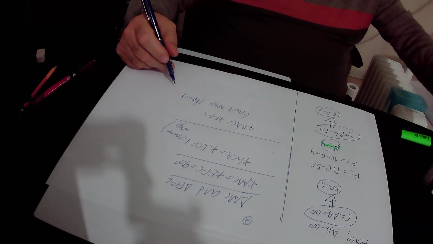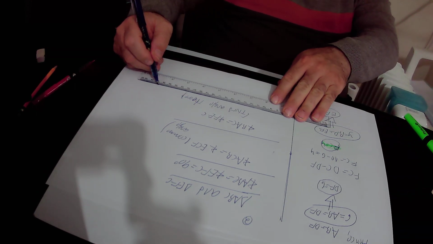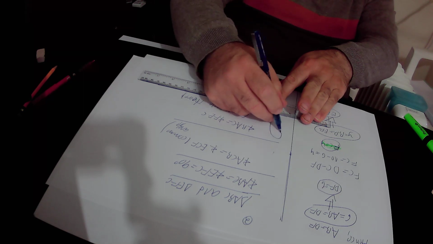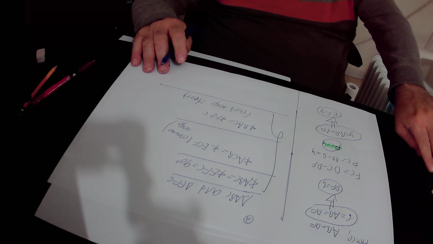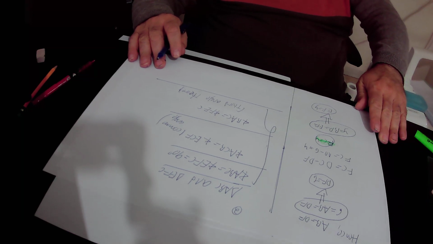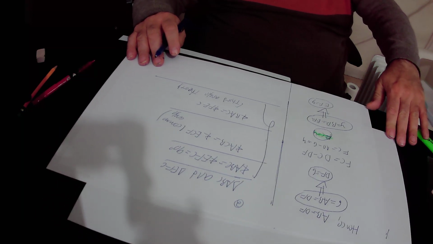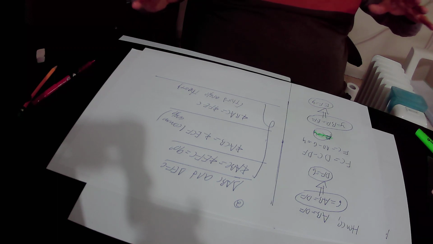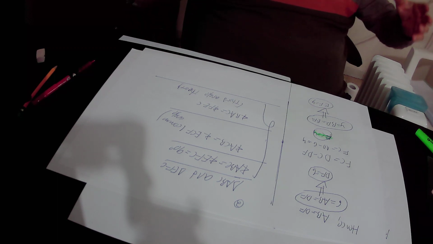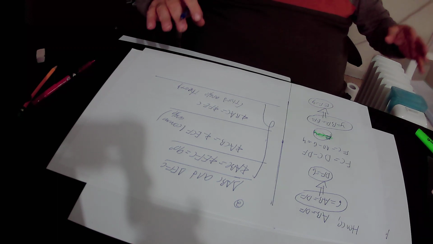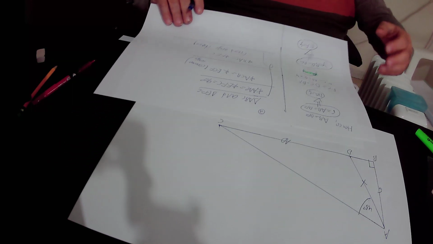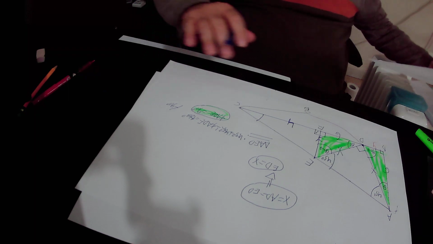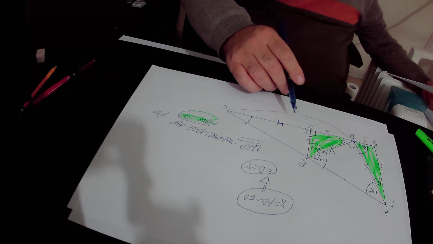So what is the third angle theorem? The third angle theorem states that if two angles in one triangle are congruent to two angles in another triangle, then the third pair of angles must also be congruent because they are supplementary to 180 degrees.